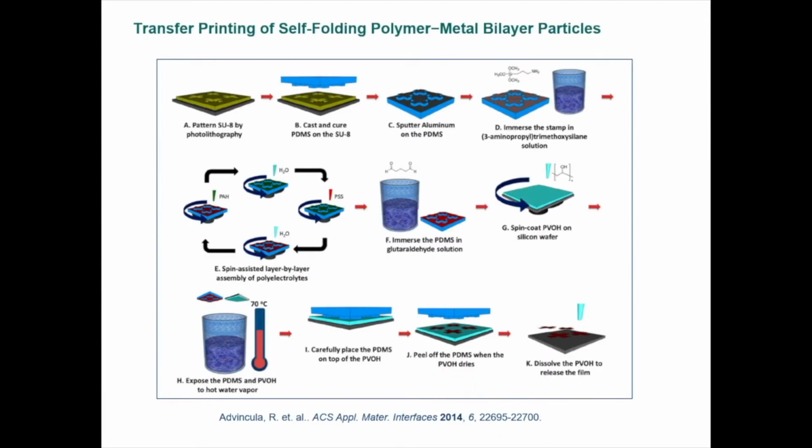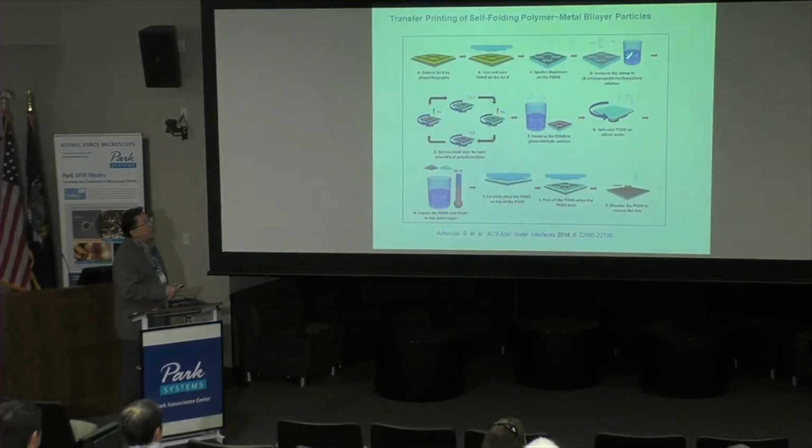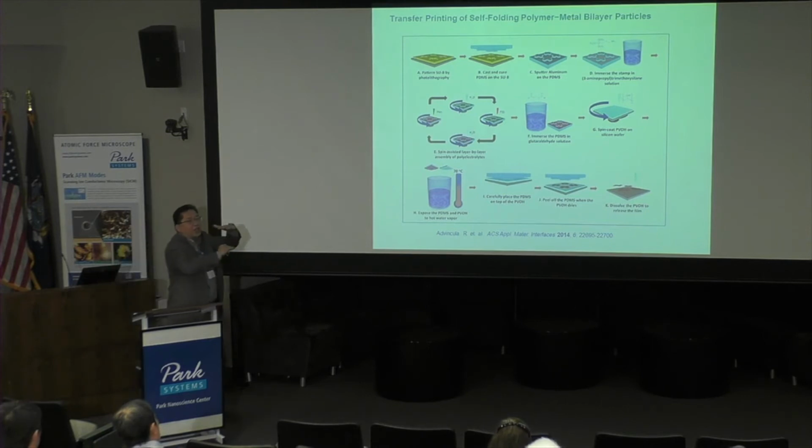So what else did we do with this marriage? We made colloidal templates that are capable of folding or doing origami-like structures. What we did is we made a pattern. The pattern can be lifted up from the surface, but before you do that, you impregnate it with polyelectrolyte layers on the soft side and another aluminum layer on the hard side.